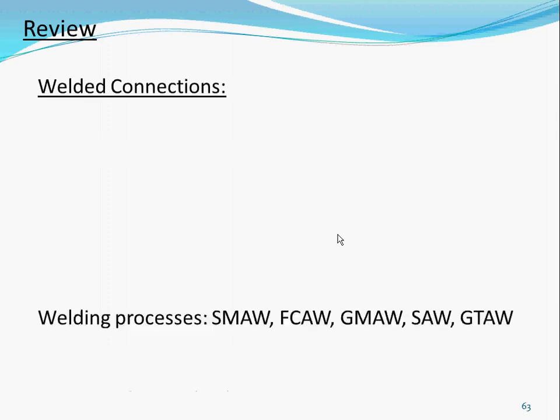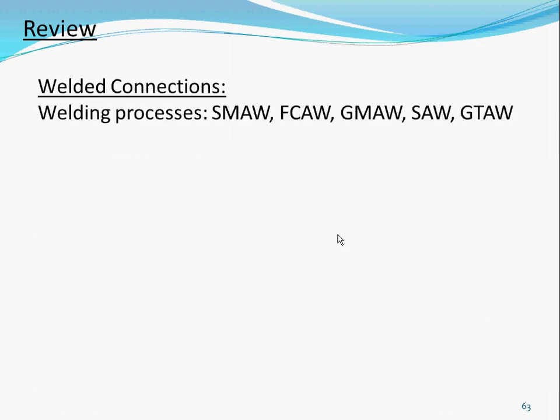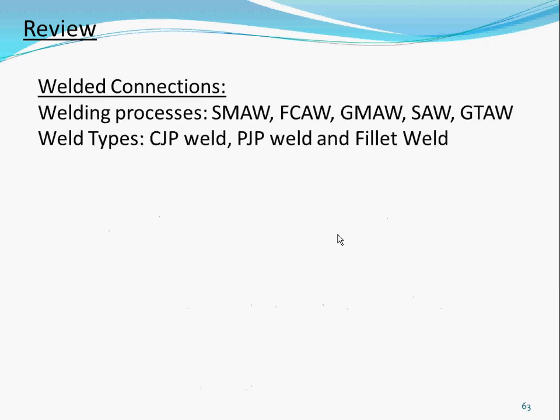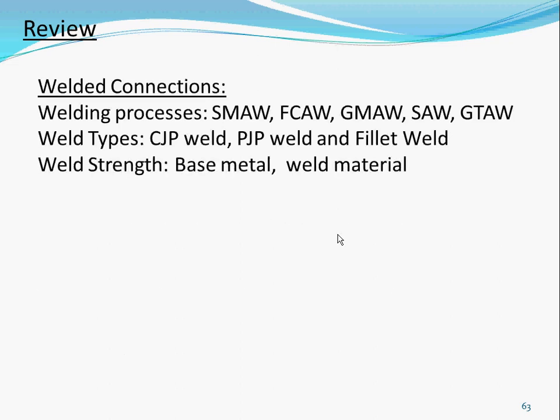Okay, review. Welded connection. There are 4 or 5 processes, and certain ones are pre-qualified in the AWS D1.1 to be used in welding procedures without having to do further testing. Welded joint types are CJP, PJP, and fillet weld. For strength check, you have to check both the base metal and the weld metal.